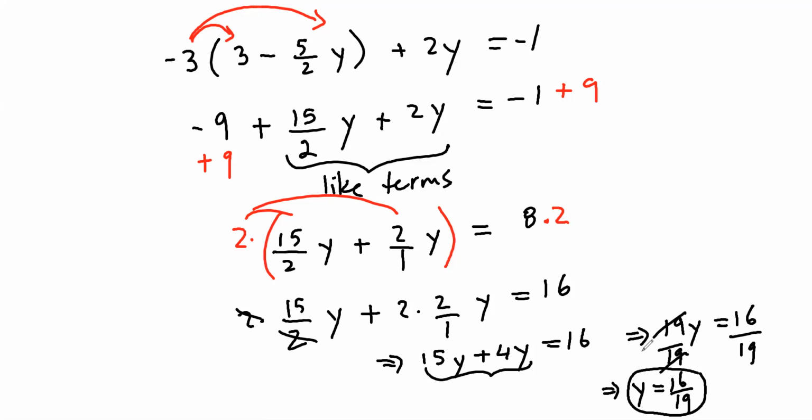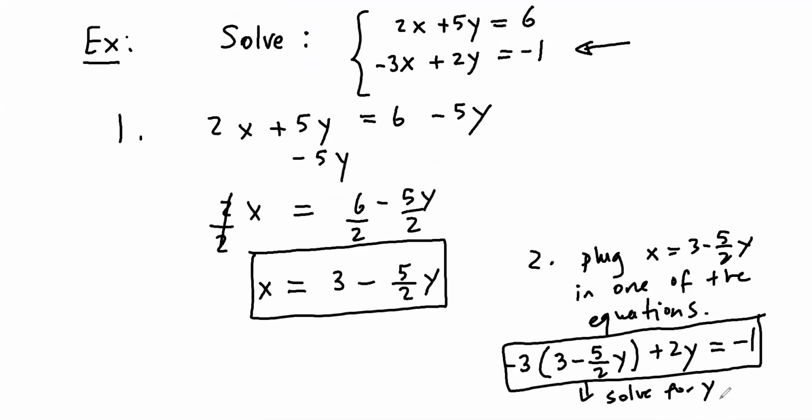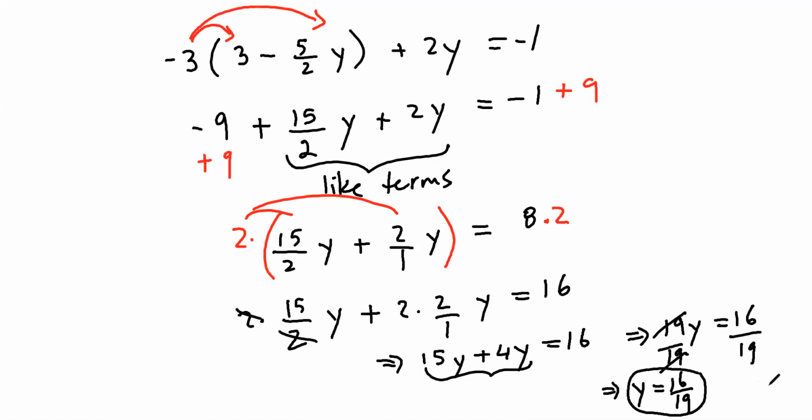Now I'm going to pick an equation, plug this number in, and then solve for the other variable. Let's pick one of the equations again. This time let's take the first one and plug the value of y in there. The first equation is 2x plus 5y equals 6, and our y value is 16 over 19.